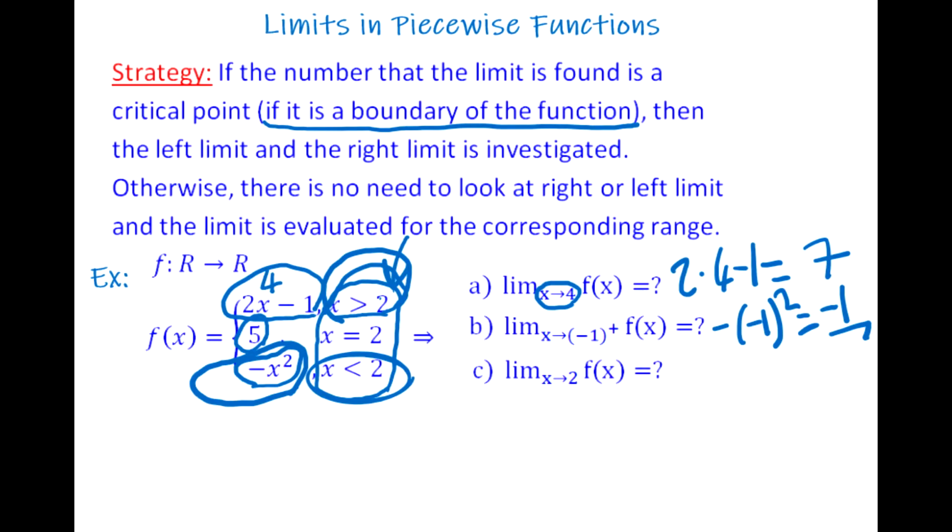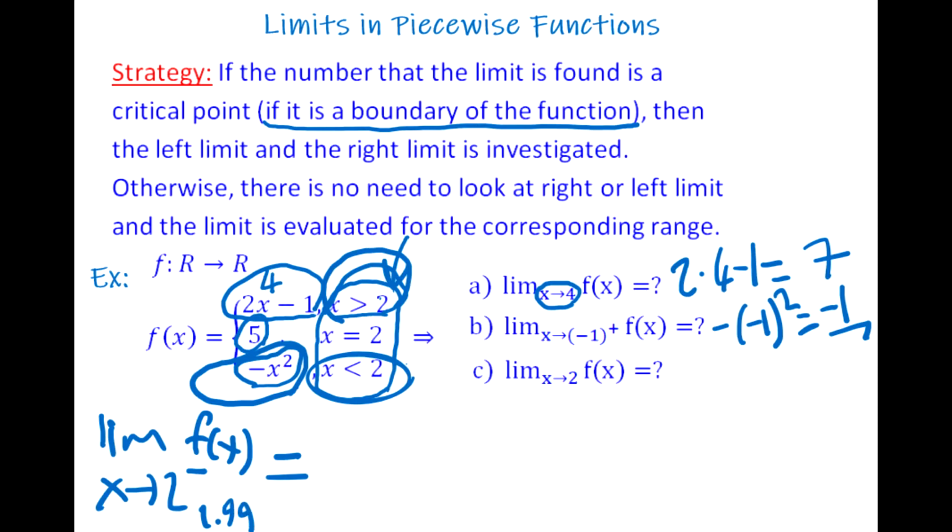But if you look at c, it says when x goes to 2, what is the limit of f of x? As you can see, I have to look at both the left limit and the right limit, because 2 is a boundary. Let me write it here. The limit when x goes to 2 from the left of f of x: from the left means think of a number a little smaller than 2, like 1.99.